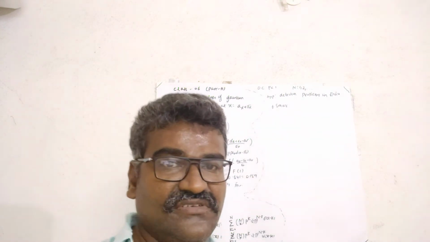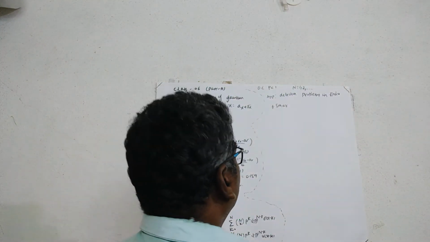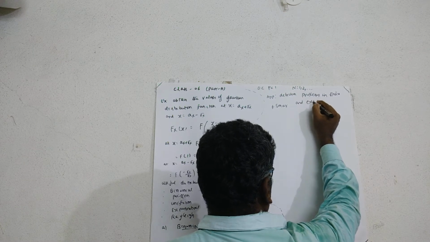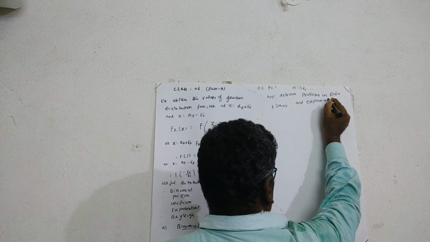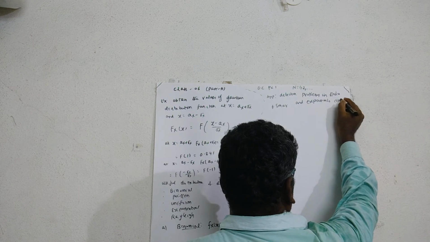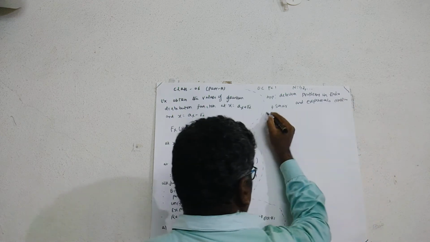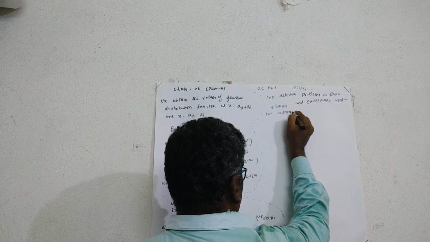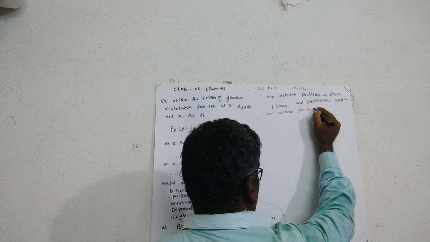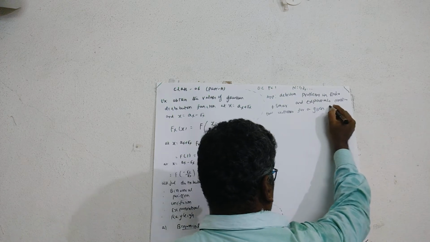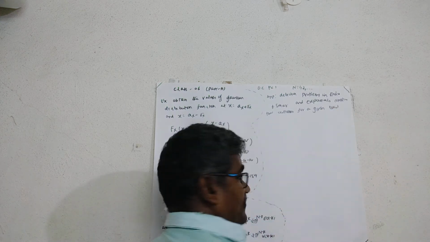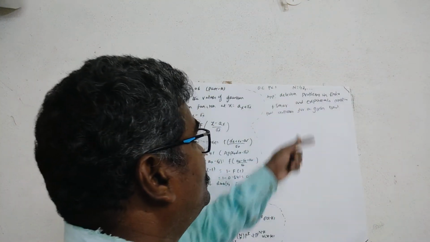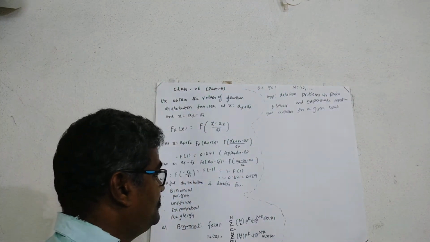We make use of this, and it is also used in experiments consisting of two outcomes for a given trial. That is why the name is binomial: bi stands for two. This is the application area of the binomial density function.